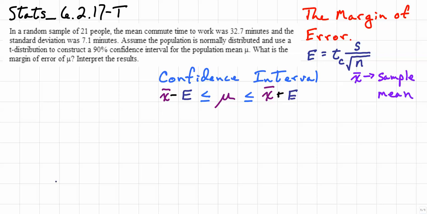Now remember that for this problem we have a random sample of 21 people, which means that n is equal to 21. The mean commute time, our sample mean, is 32.7, and the standard deviation was 7.1 minutes.